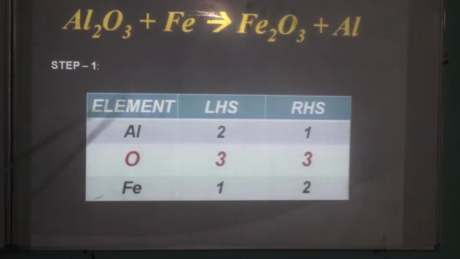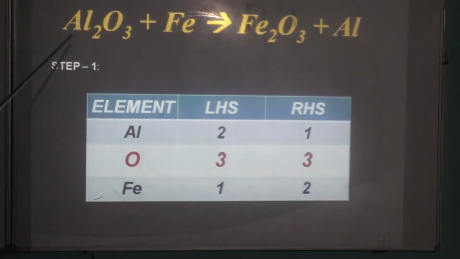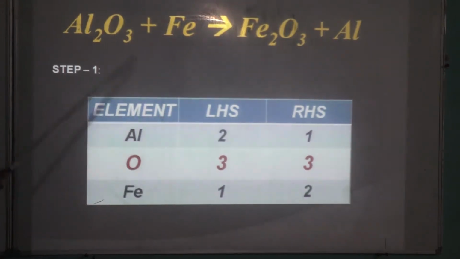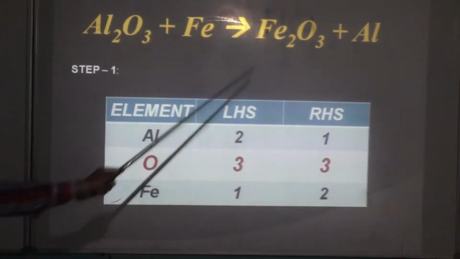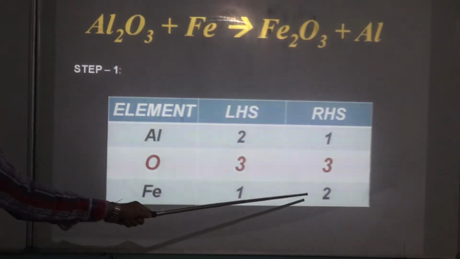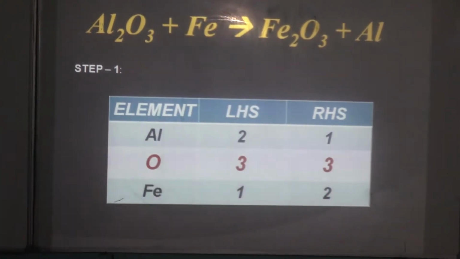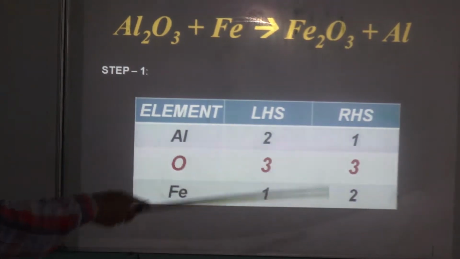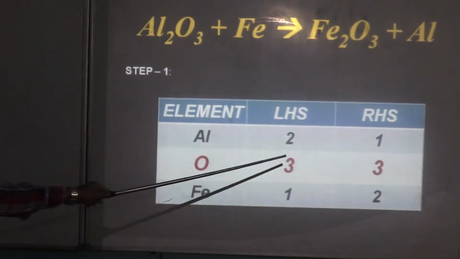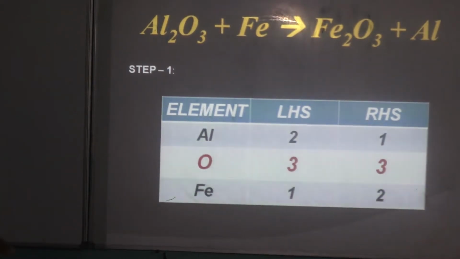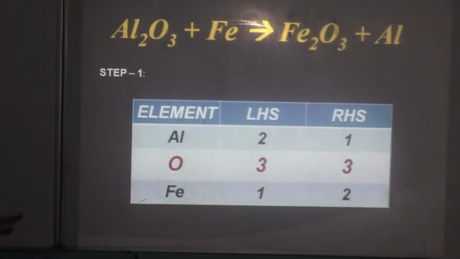How many atoms of reactants are there? Aluminium 2 atoms, oxygen 3 atoms, ferrous 1 atom. And on the right hand side, ferrous 2 atoms, oxygen 3 atoms, aluminium 1 atom. So this is step 1. If you observe this, only oxygen atoms are balanced. The remaining are not balanced. Now what do we do? We have to balance one by one.